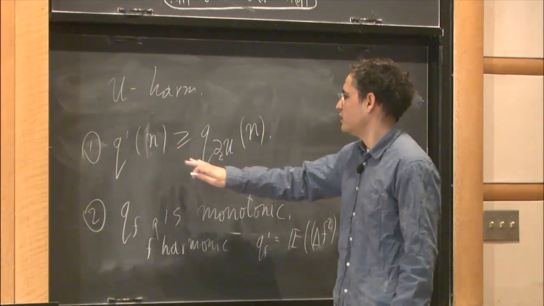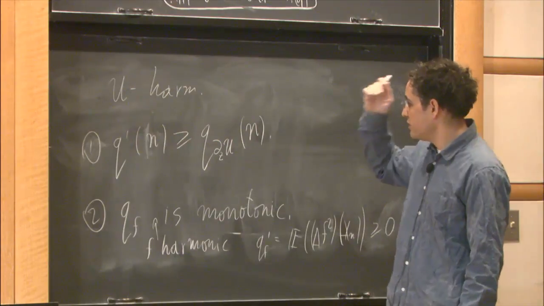So Q prime is controlled from below by a positive monotonic function.